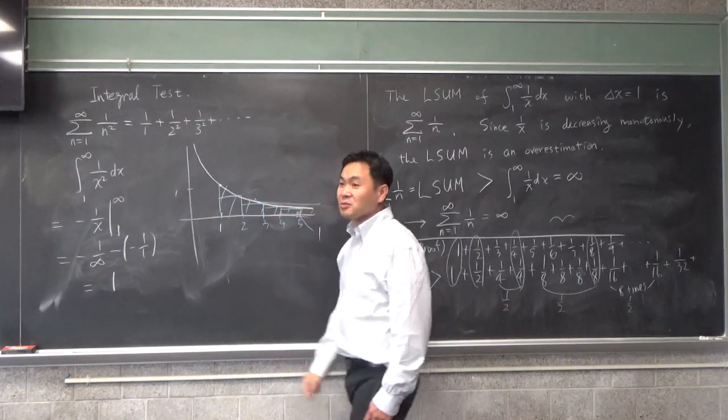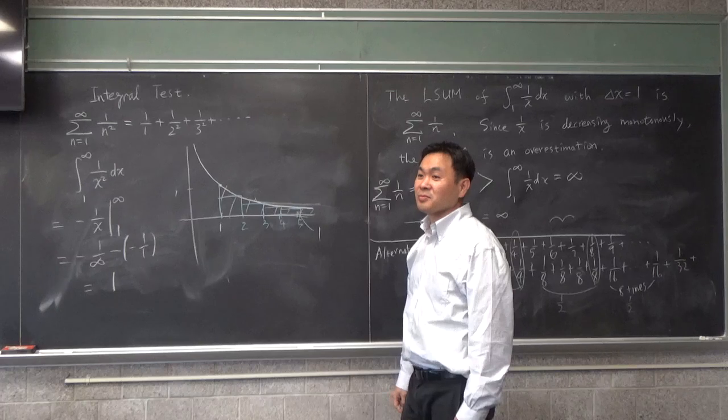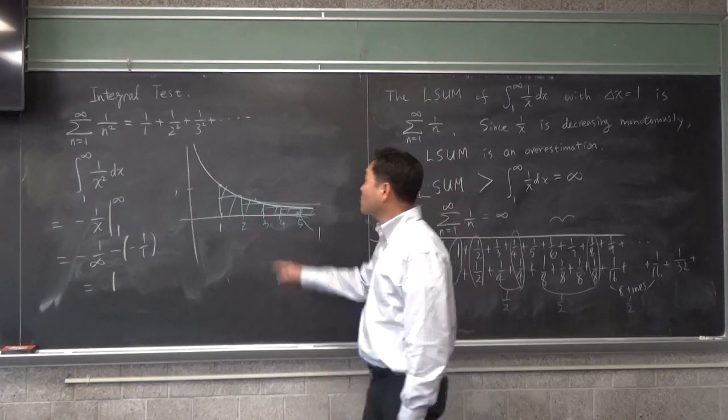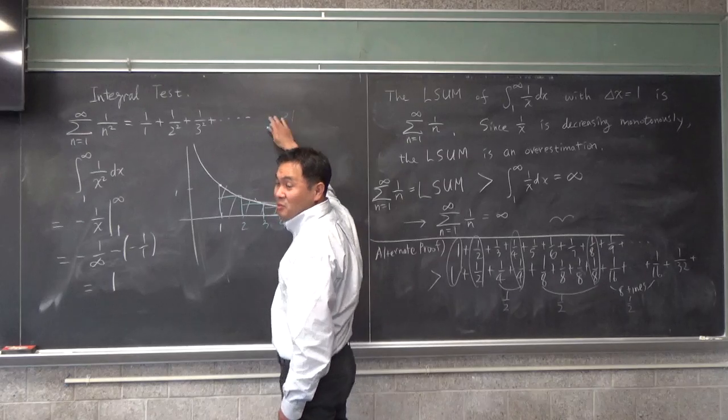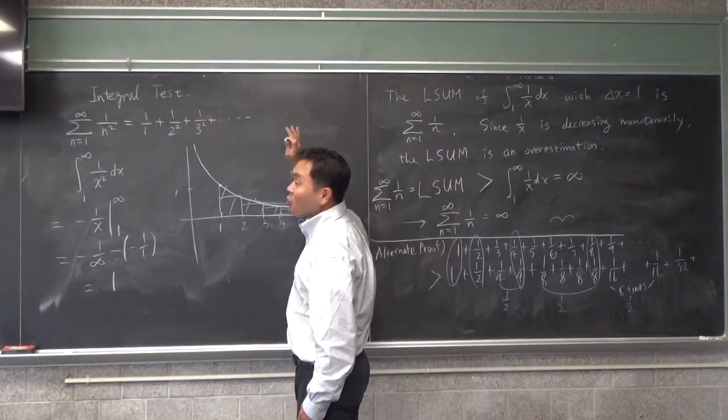Why do you think so? When you're adding 1 plus 1 over 4 plus 1 over 9, it's greater than 1. So this value will be greater than 1, yes. But it's going to be a finite number. Now, I want to show that this is finite.